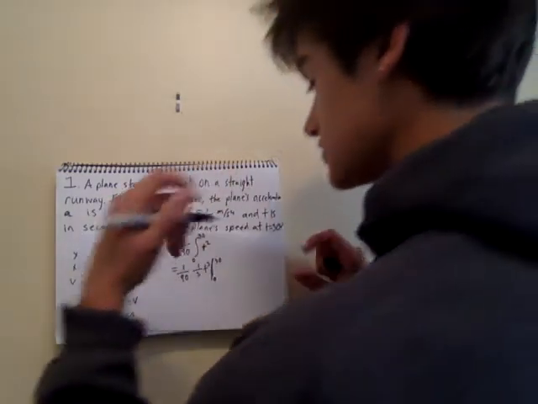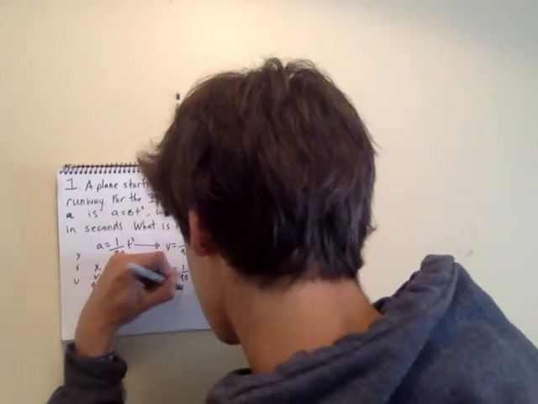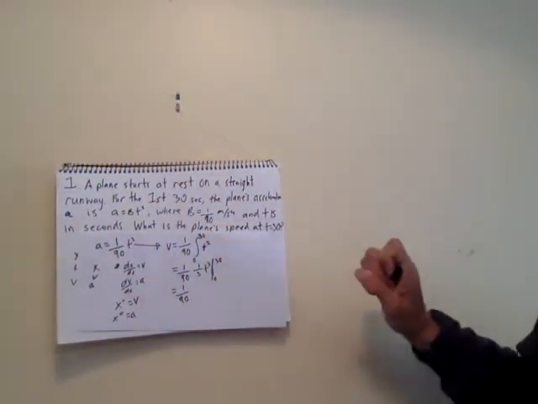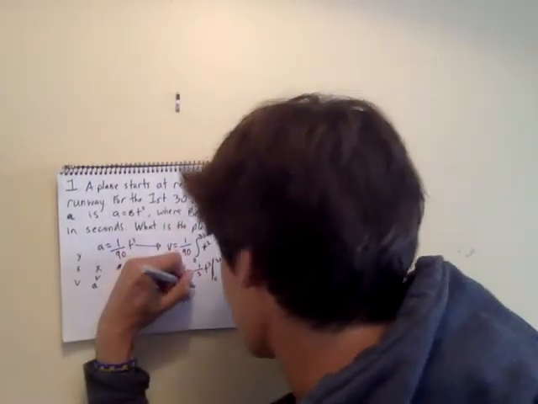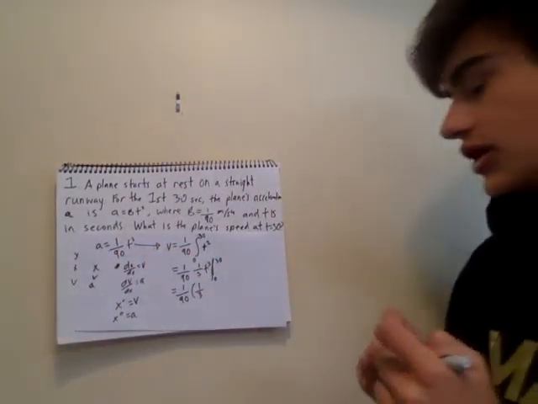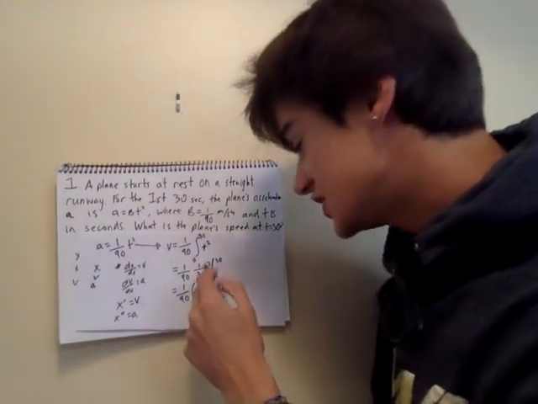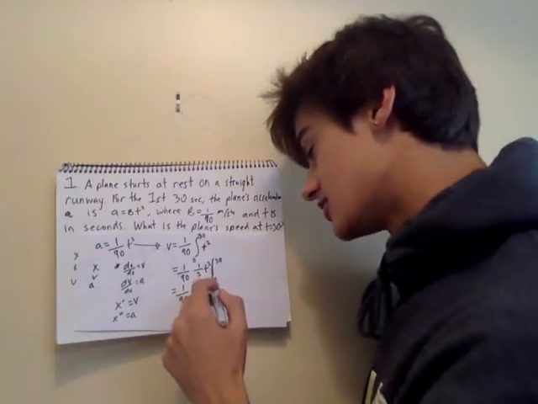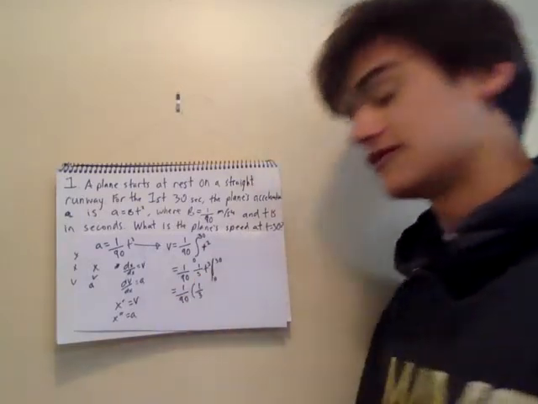Now let's start to solve this. We plug in 30 for t, and then subtract what we get when we plug in 0 for t.